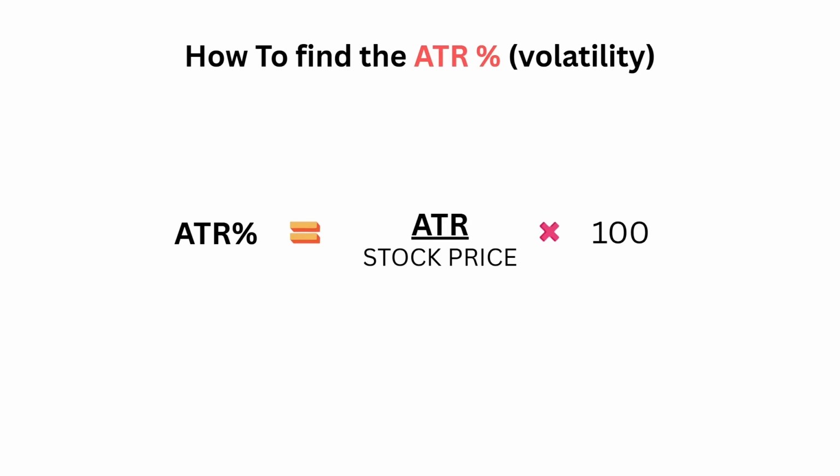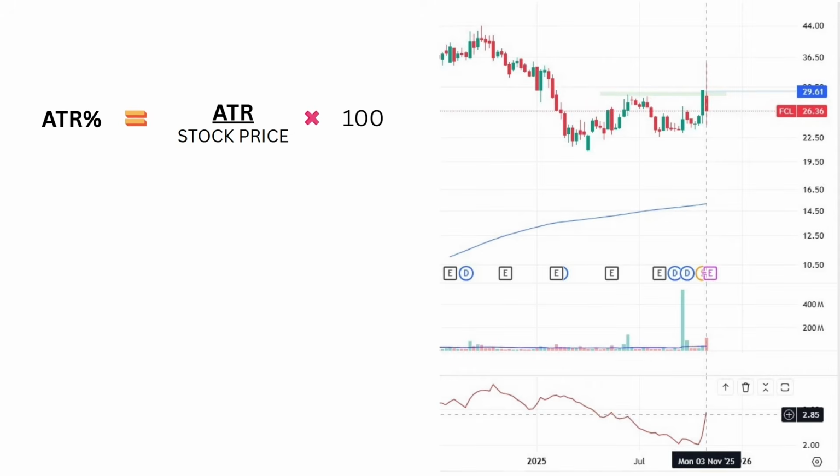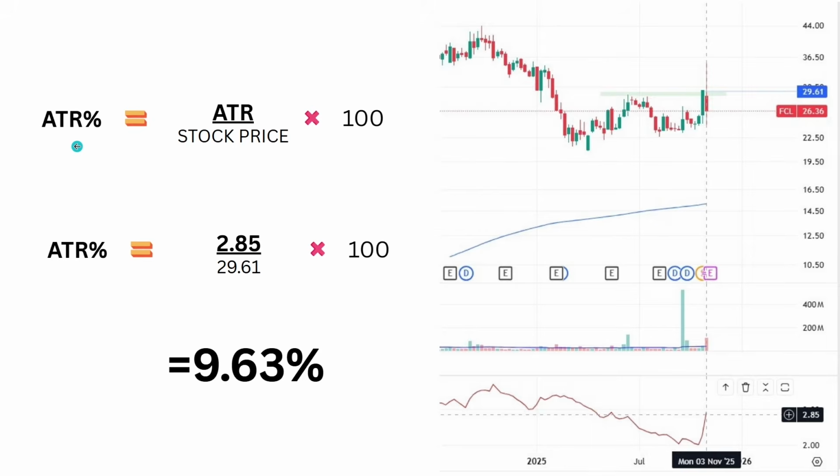If you're smart, you get it, great. If you're confused like I was, let's clear this out with an example. On the right hand side, there is a stock chart. We have the price, and at the bottom, we also know the ATR number. So let's put both values into this formula. The formula, as I told you, is ATR divided by the stock price, times 100.